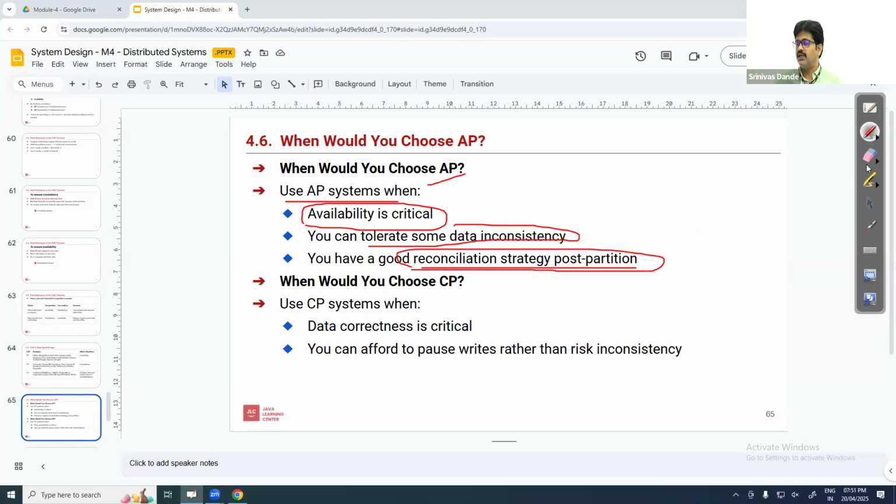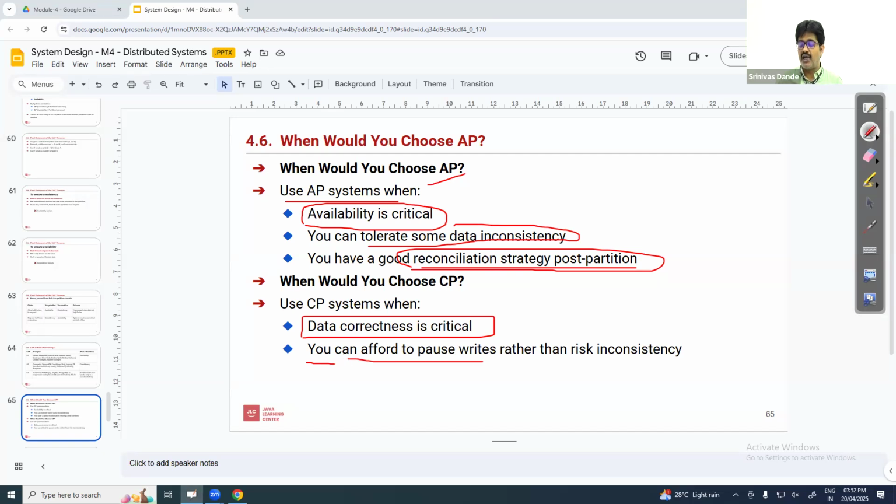Then when to choose CP? For me, data correctness is critical. I want accurate data. Banking systems are always CP systems.